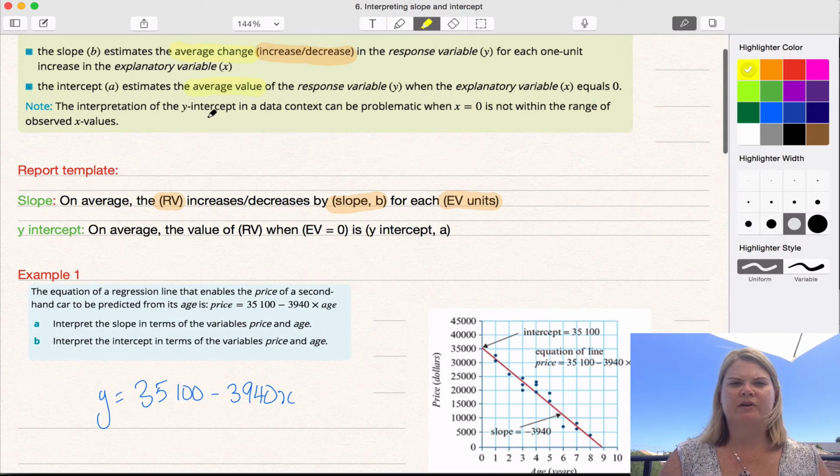Really important to note this little note at the bottom here, that interpreting the y-intercept can be a bit of a problem if x equals 0 is not within the range of the x values.